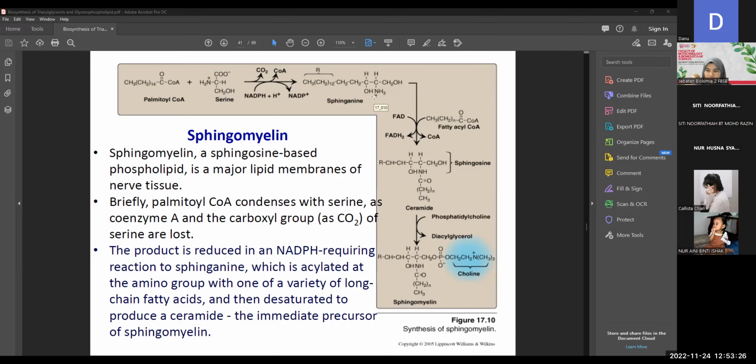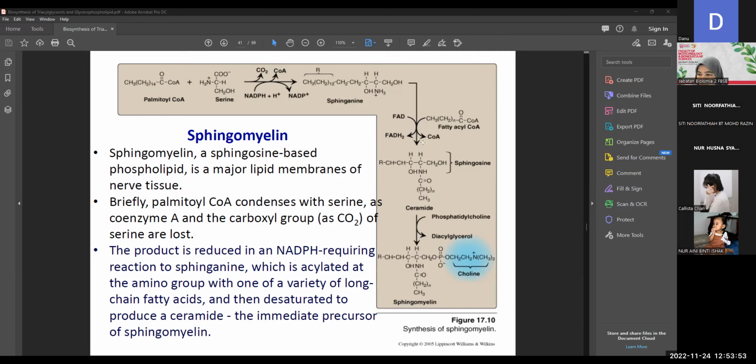So sphingenin undergoes acylation with fatty acyl CoA, and it acylates at the amino group.